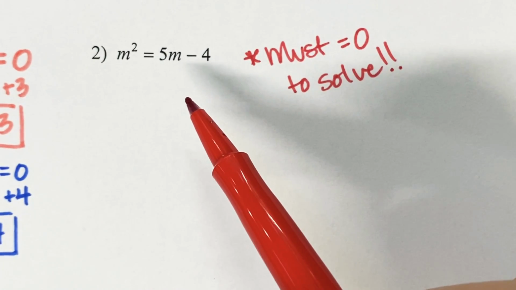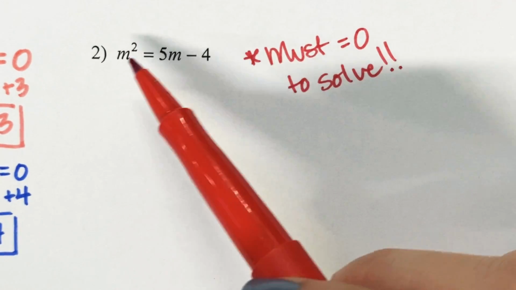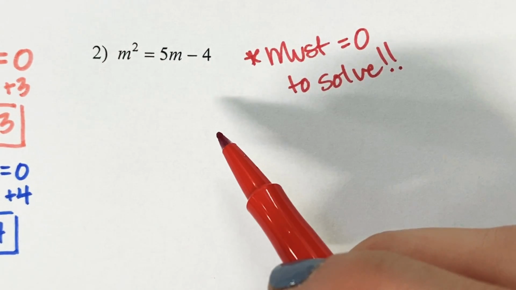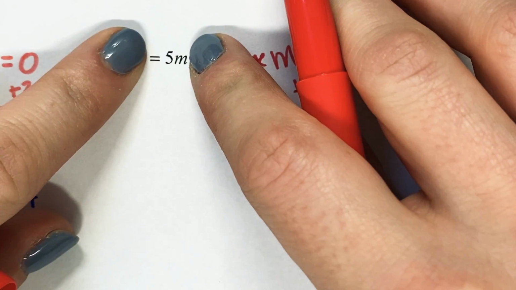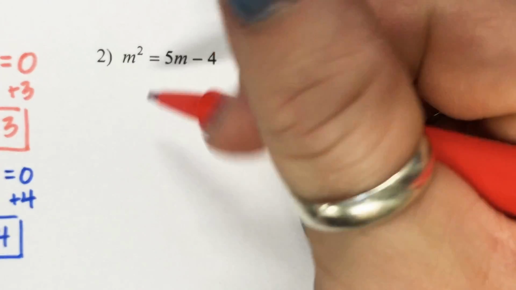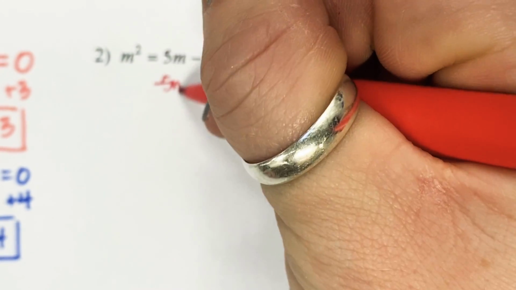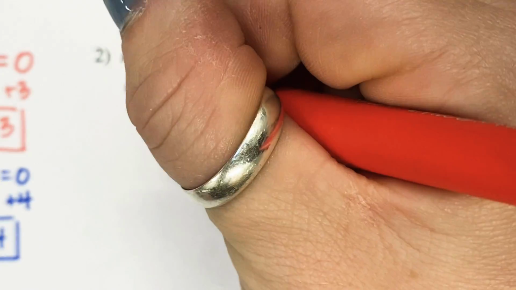So in order to make it equal 0, we need to move these two terms over to the same side as my m squared. Okay, so let's look at our 5m first. So what is the opposite of positive 5m? How am I going to move that? It's going to be to subtract it, or negative 5m. Okay, so it's going to move him over there.